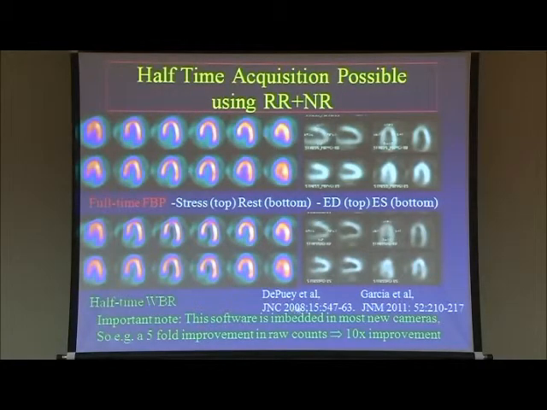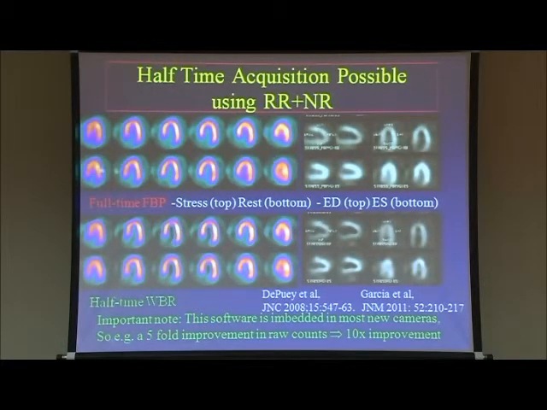So a lot of people have implemented this with conventional cameras, and here is the work of Gordon DePuey, published in 2008, which I then summarized in a review paper in 2011. Here you see an algorithm, it happens to be wide beam reconstruction from UltraSPECT, and you can see full time, that is 12 and 14 minutes, filtered back projection with the 30 and 10 millicurie.